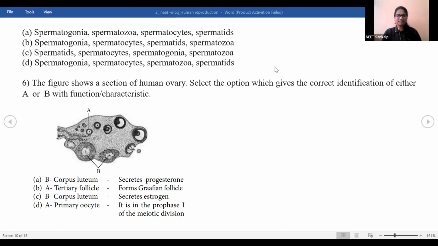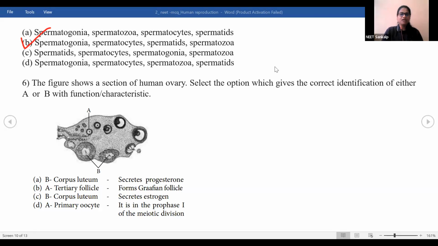Guys, the right answer is here. I got the answer from Jyoti and Nagini. The right answer is spermatogonia, after that spermatocytes, spermatids, spermatozoa. Option B is the right answer.